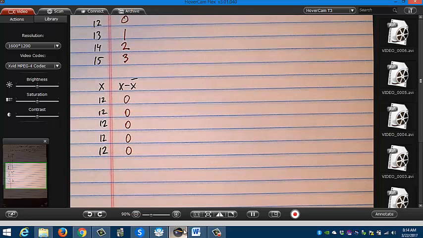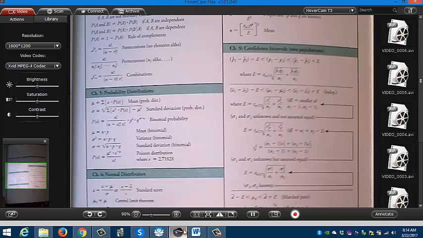I mean, the complete formula, and by the way, there's a nice little pull-out card that comes with the book. I wonder if I can show it to you. Yeah, I guess I can. You may or may not have this. I have extra copies I can get you for quizzes and things. Really, the formulas kind of come into play in chapter 3, but you see this?